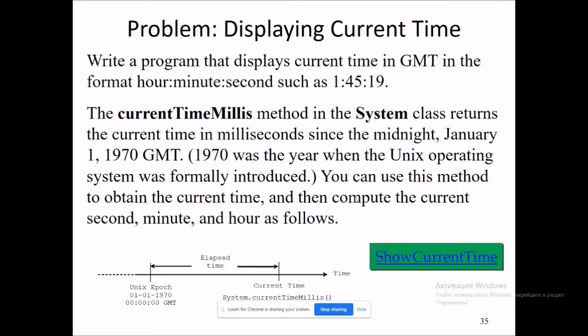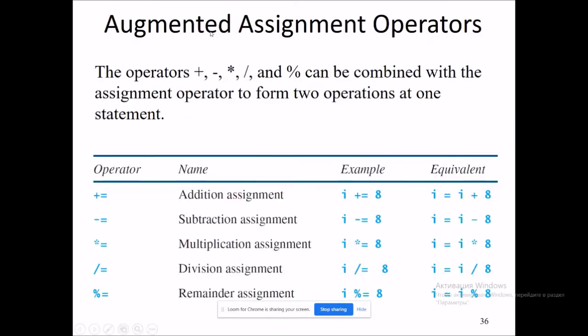What is next? Augmented assignment operators. Augmented assignment operators mean we are performing two operations at one time. For example, instead of writing i = i + 8, we write i += 8. And your system will understand that instead of i, it will write i + 8.